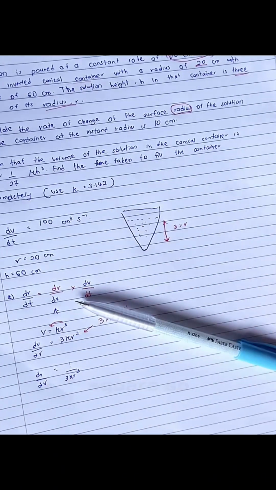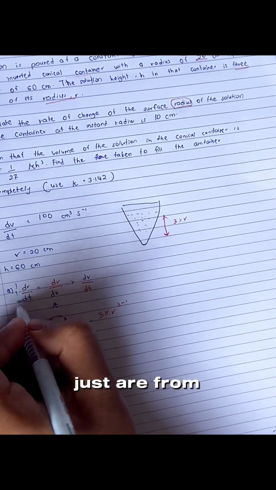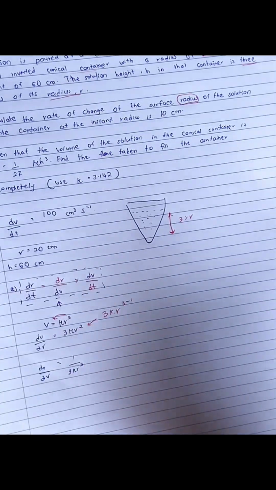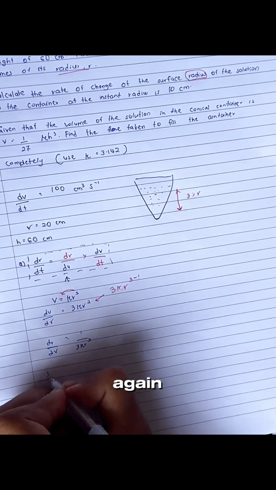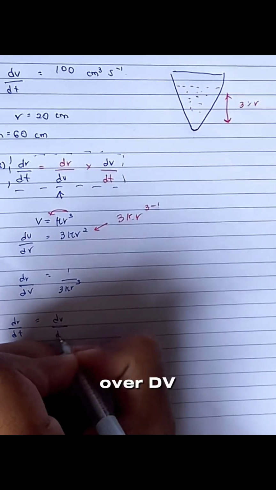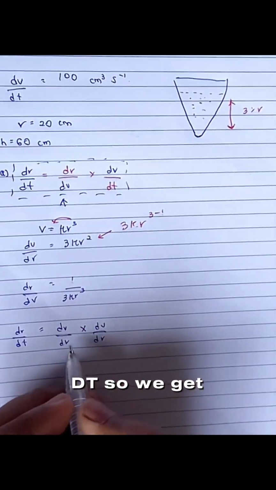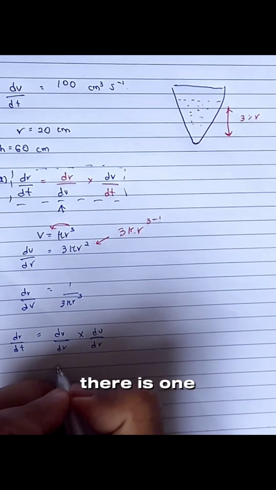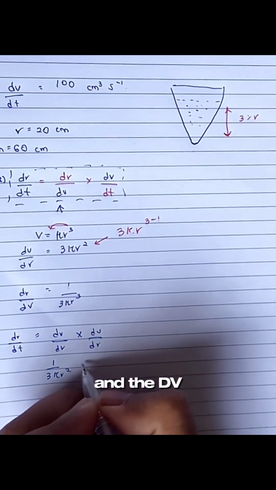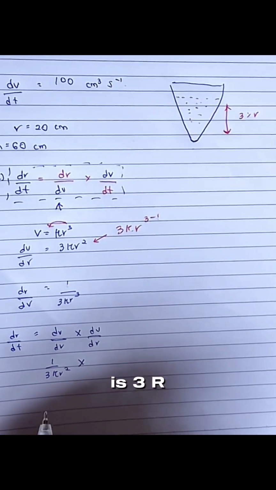From the formula, dr over dt equals dr over dv times dv over dt.